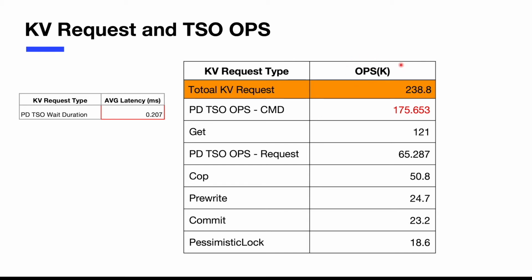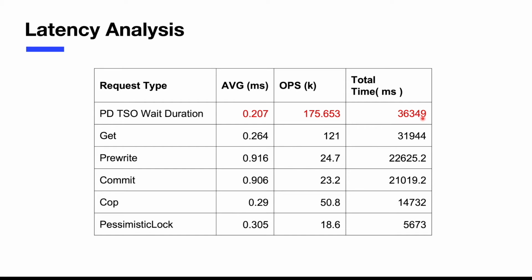The PD TSO OPS CMD is up to around 175,000. Multiplying the average latency and the OPS count, now I get the total latency time. By sorting the total latency time in descending order, now you can finally get a clear view of where your database is spending most of its time.